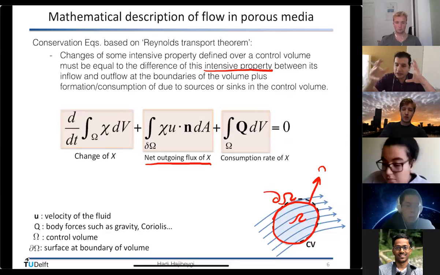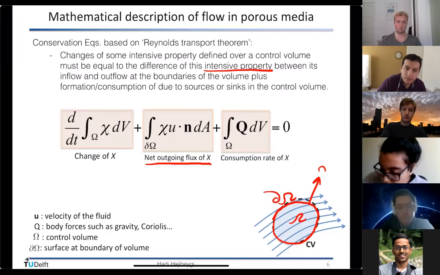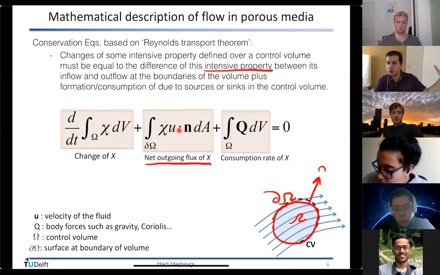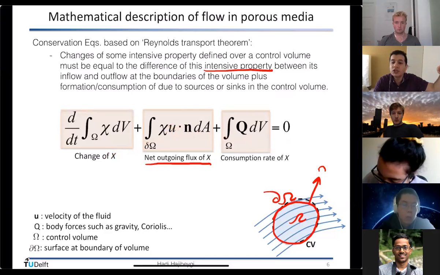Then the difference between the two is 0, so this second term becomes 0. If this second term is 0, meaning whatever leaves is equal to whatever comes, there is no source or sink term, then what can we say about change over time of x? Would x change over time?